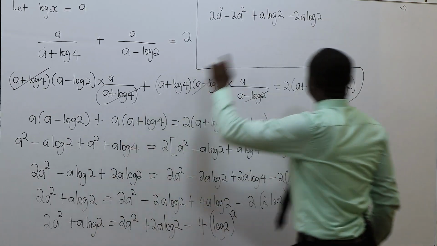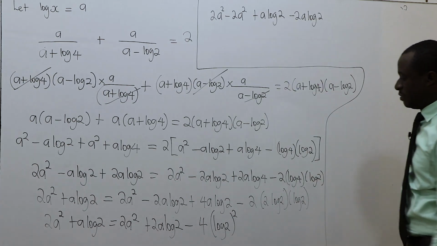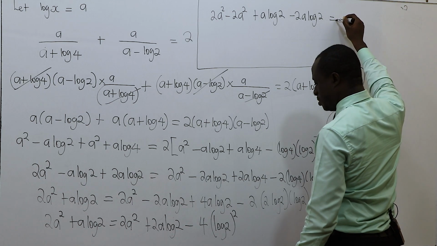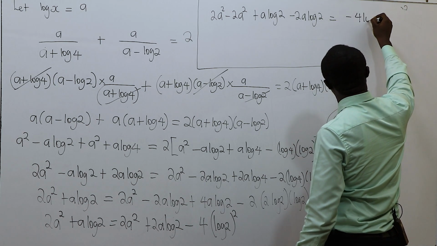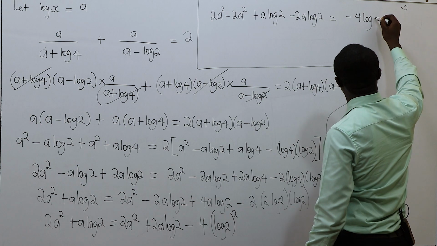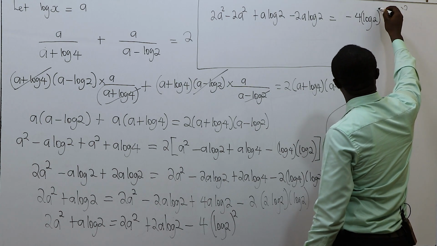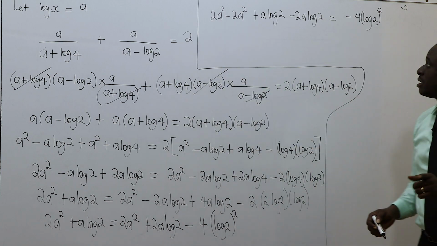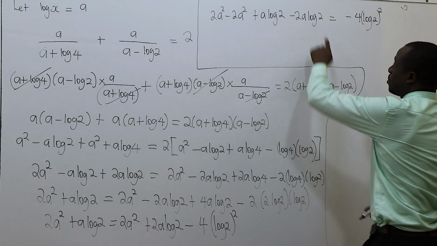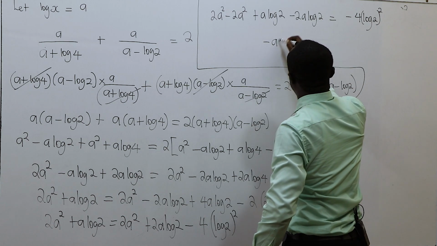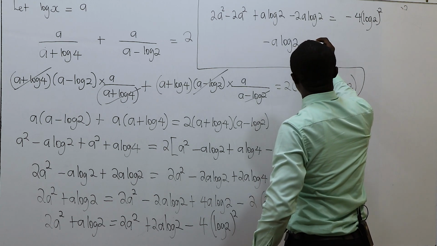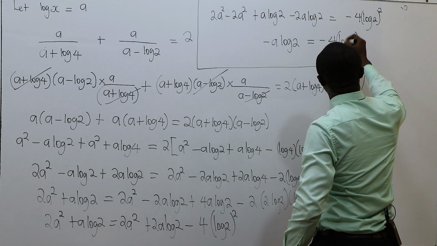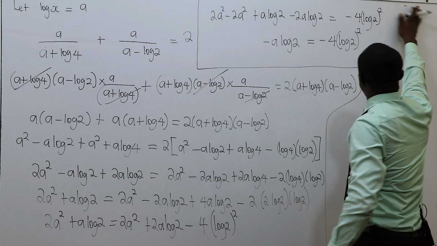Positive crossing becomes negative, so this and this has gone to this side, equal to negative 4 log 2 all to the power 2. Now 2a squared minus 2a squared, that's 0. A log 2 minus 2a log 2, that's negative a log 2, and this is equal to negative 4 log 2 all to the power 2.